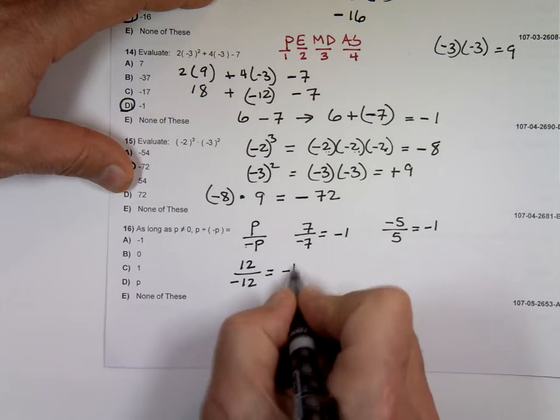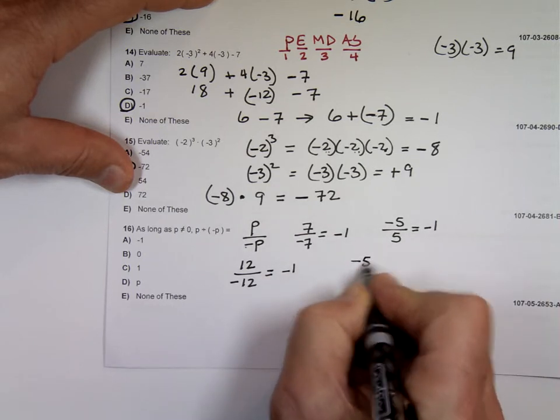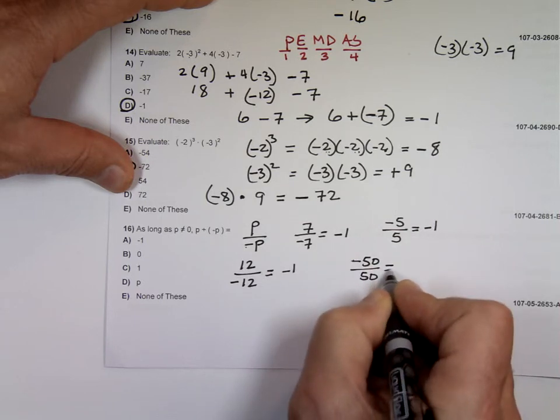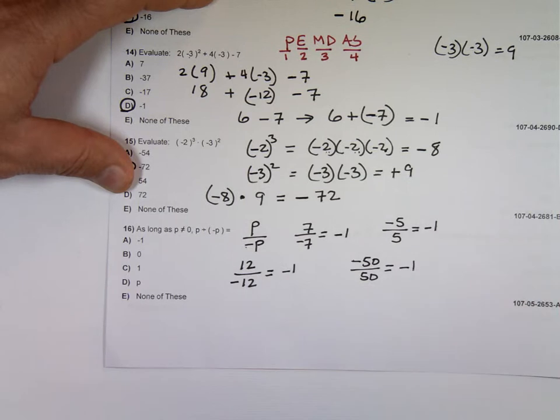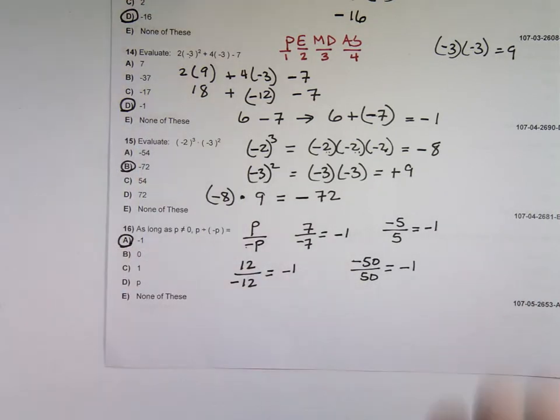If you let P equal negative 50, what's negative 50 over the opposite of negative 50, which is 50? So what do you notice? Your answer is always what? Negative 1. When you divide a number by the opposite of that number, the result is always negative 1. A positive divided by a negative is always a negative. Anytime you have an odd number of negative signs in multiplication and division, the result is always negative.